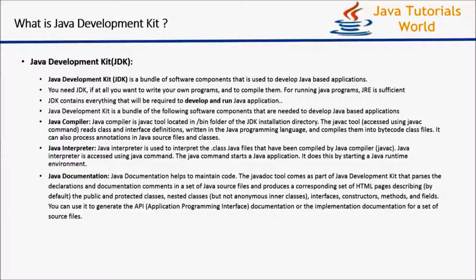I will make a dedicated video about this, on how to write Java comments and how to generate the documentation. Actually, the entire Oracle documentation was generated by using this Java documentation tool only.